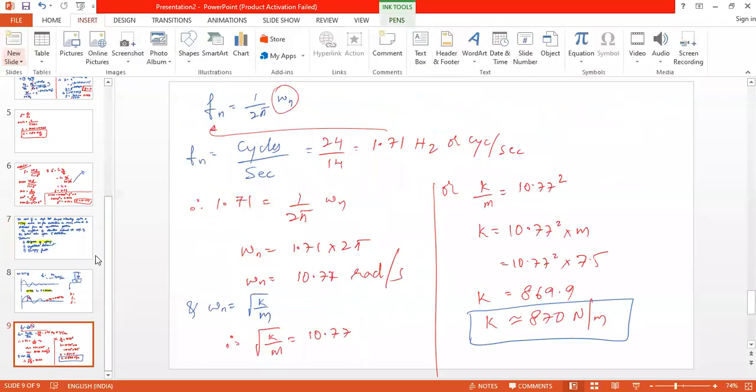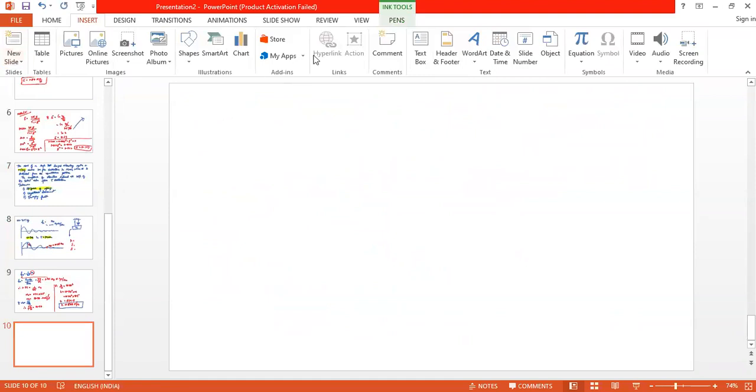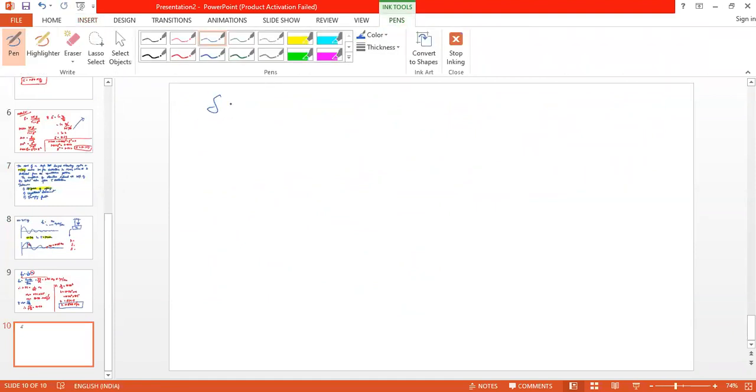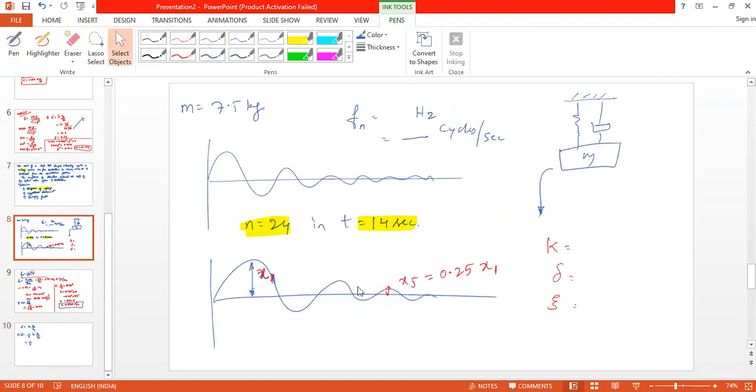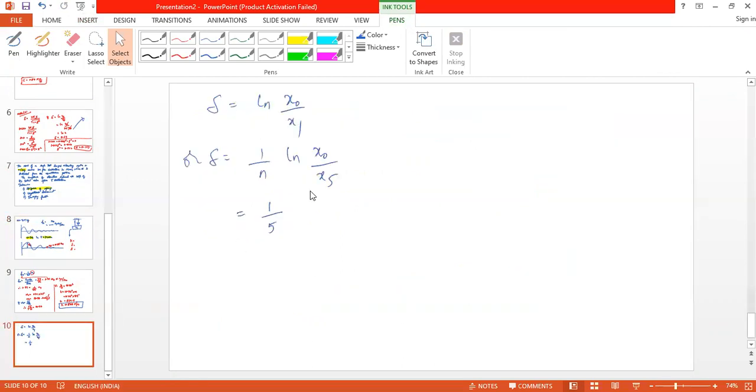And now we need to find out the logarithmic decrement. So what is logarithmic decrement? Delta is equal to ln of x0 by x1, or delta is equal to 1 by n ln of x0 by x5. Here n is 5, since after 5 cycles the amplitude is reduced to 25%.